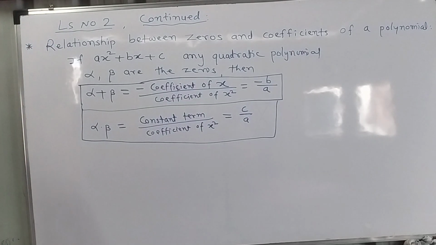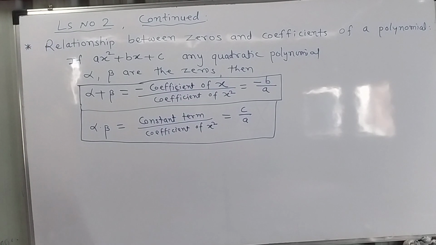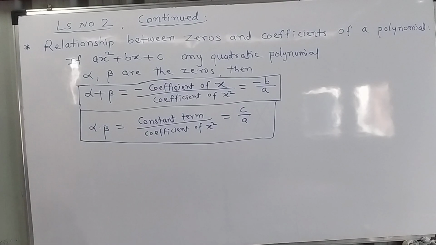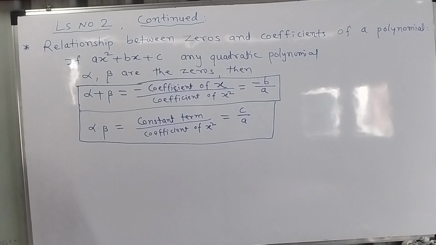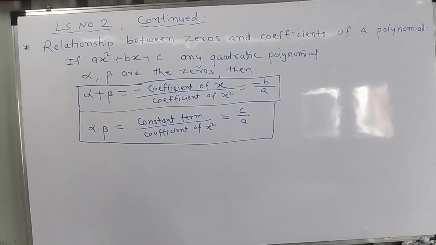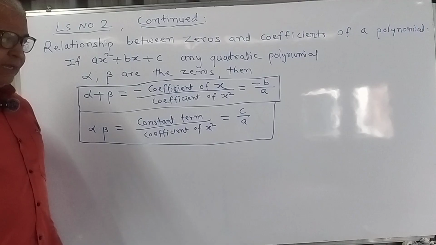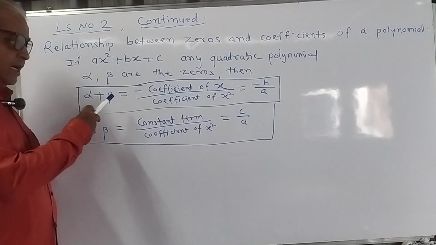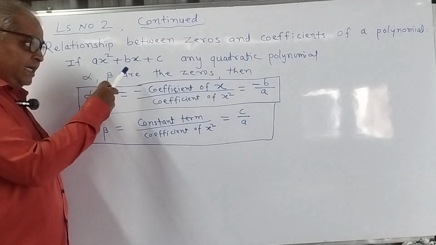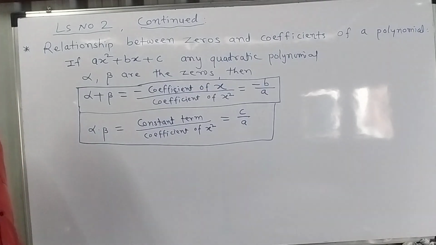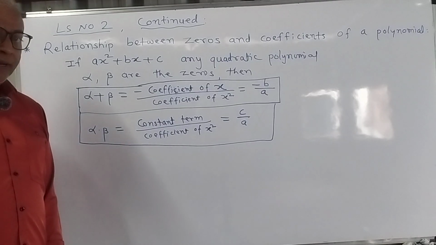So based on these two relations, we will see exercise 2.2, where we need to find the zeros of quadratic polynomials and we need to verify the relationship between coefficients and zeros of the quadratic polynomial. This is one point.